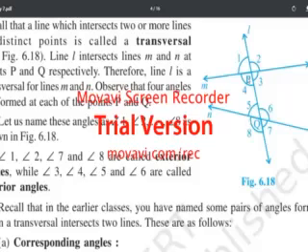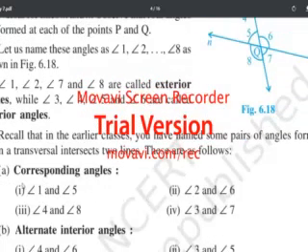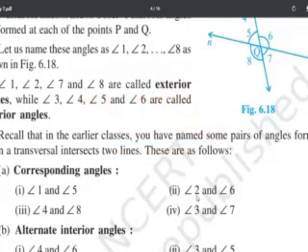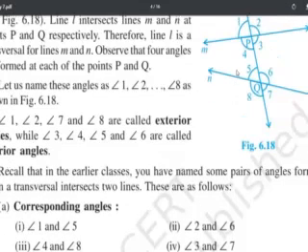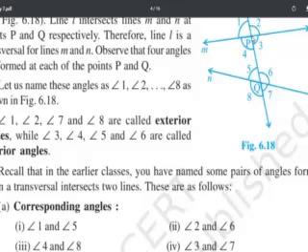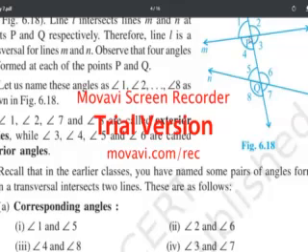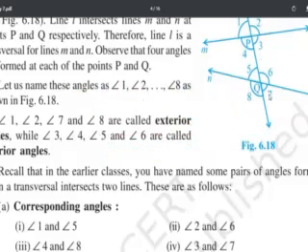In the same way 4 and 8, 2 and 6, 3 and 7 are corresponding angles on the same side of the transversal line, one being exterior and one being interior. But they should not be adjacent. You can't write 1 and 4 as corresponding angles because they have a common arm and common vertex, so they are adjacent. It will be 1 and 5, 4 and 8, 2 and 6, 3 and 7.